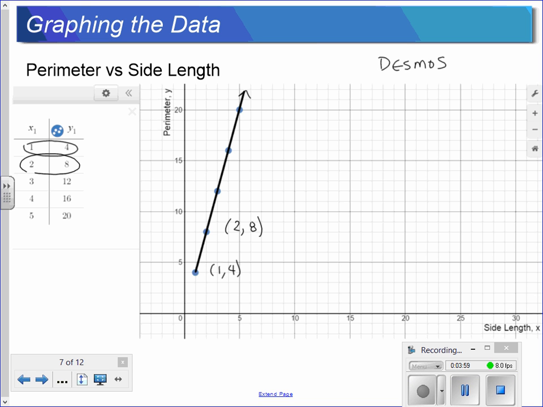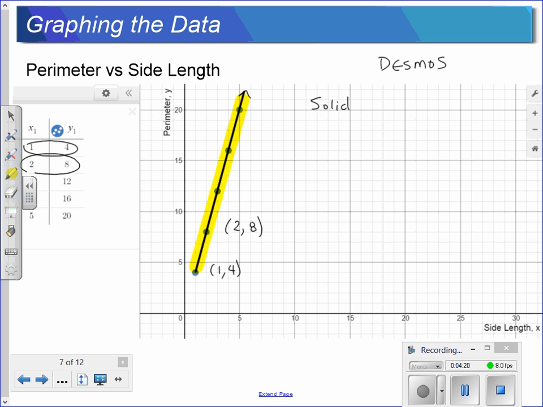The reason why we can join points with a solid line is that the values that we are using, or can use, are what we call continuous values. So I'm just going to write that there.